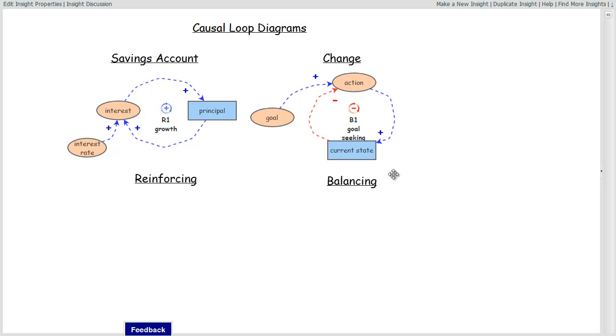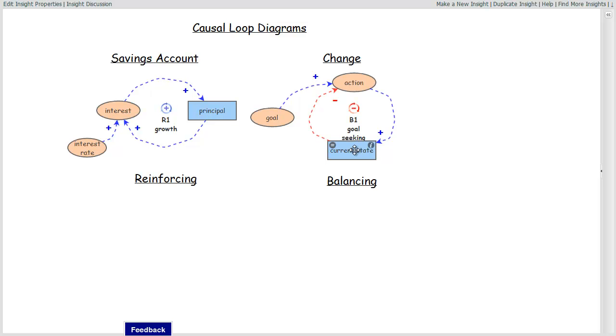For the balancing or goal-seeking situation, I have some goal and some current state. The interaction between these two is an impetus for action which migrates the current state in the direction of the goal, so that the gap between the two gets smaller and results in less action during the next cycle.